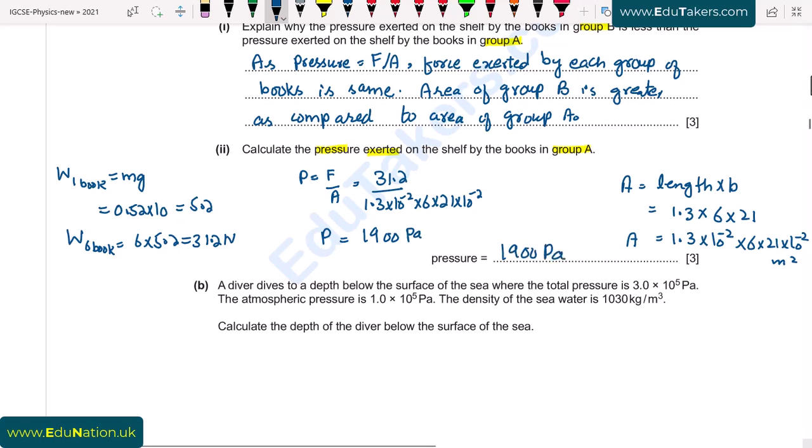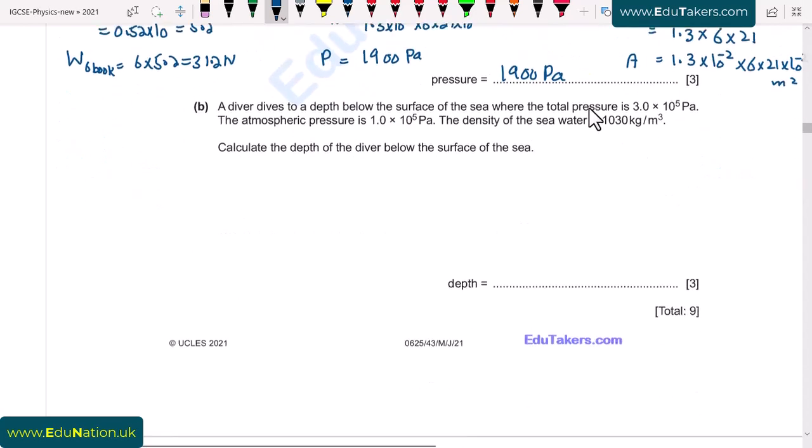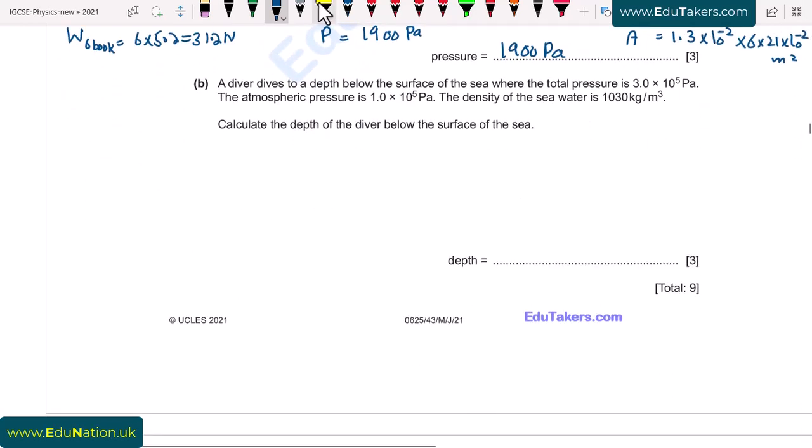Part B. A diver dives to a depth below the surface of sea, where the total pressure is 3.0 into 10 to the power 5 Pascal. The atmospheric pressure is 1.0 into 10 to the power 5 Pascal. The density of sea water is 1030 kg per cubic meter. Calculate the depth of the diver below the surface of sea.